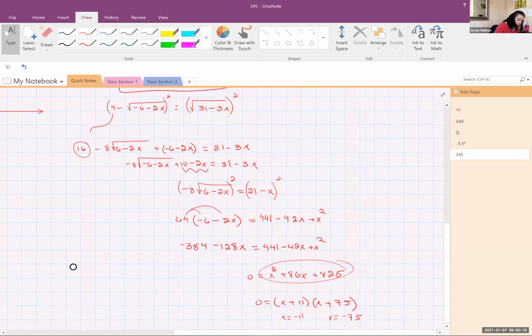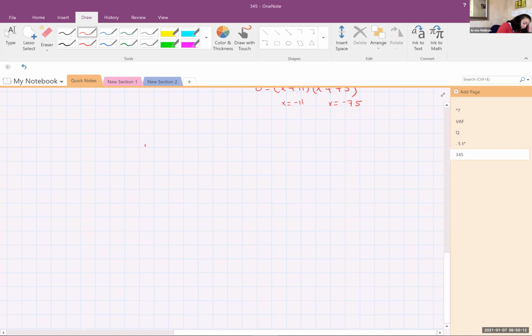So the question there is y equals 2 to the x. And we're basically looking at what happens if x is negative, if it's between 0 and 1, if x is positive.